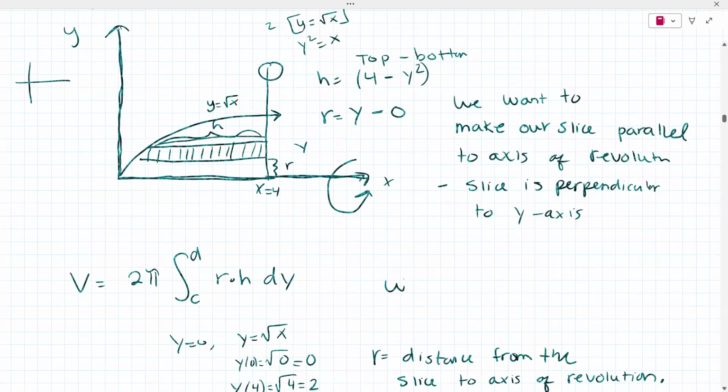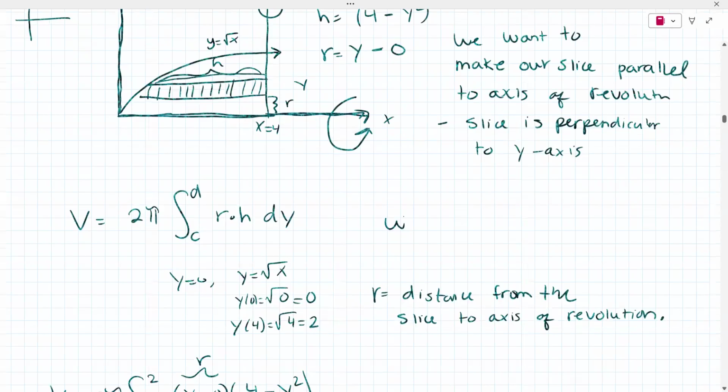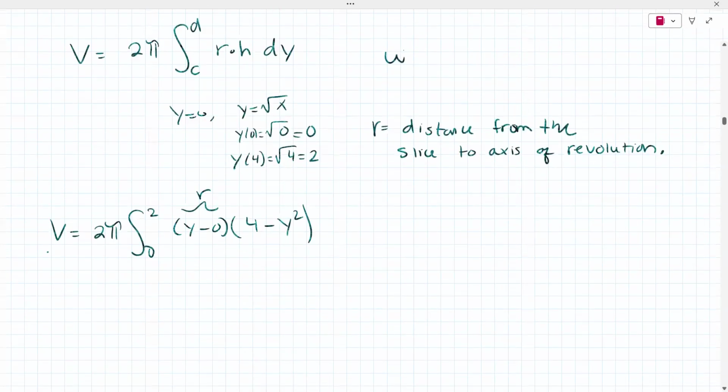The square root is the bottom, but we had to put it in terms of y. I had to solve for x by squaring both sides. And then it's dy. Okay, so that's how we set it up. Now we just have to clean it up and integrate.